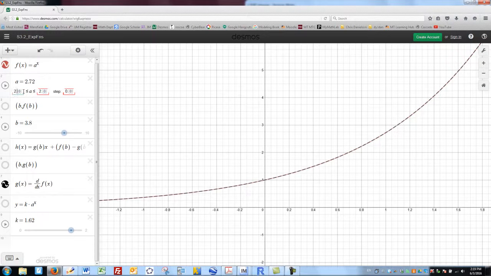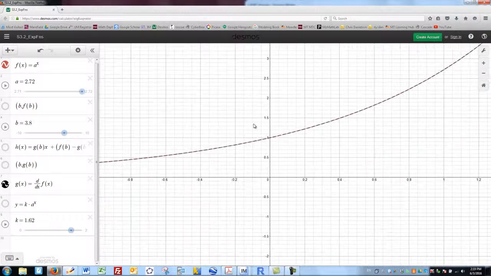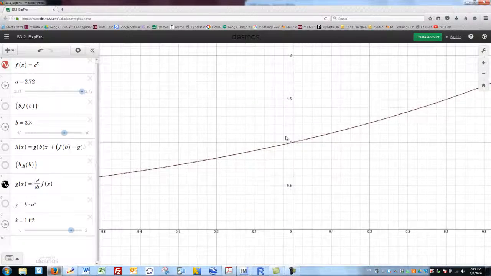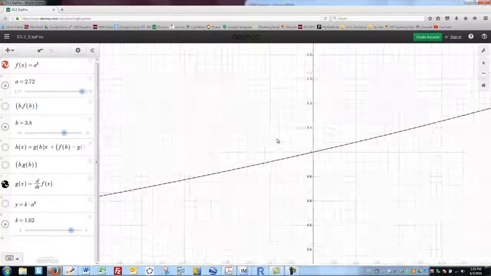So let's put 2.71 in and run it to 2.72 by 0.1s. Okay, so let's see if we can get a sense of, now you can just barely see it moving, but if we zoom in, we should be able to get a better sense of what's going on.